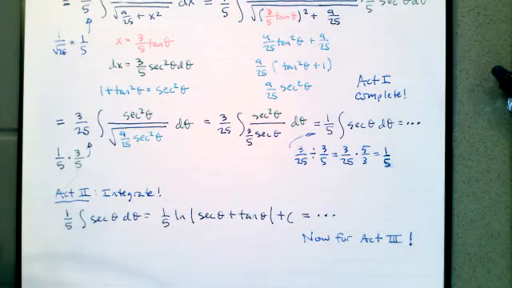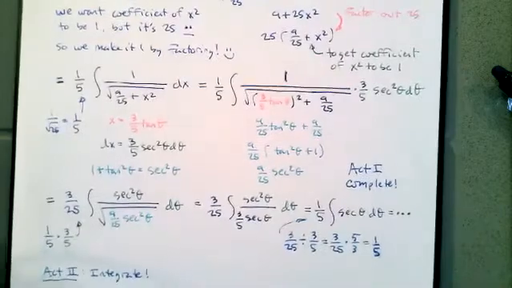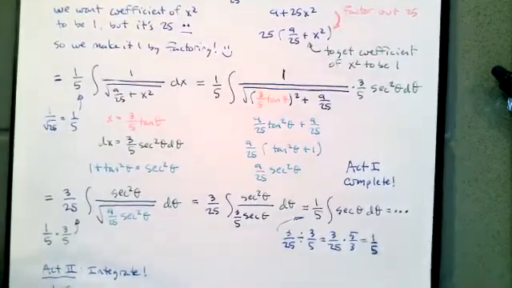All right. So let's look at Act 3, where things come full triangle. This is the untrigonometric substitution part, going from theta back to x.